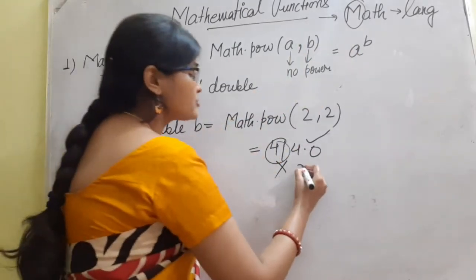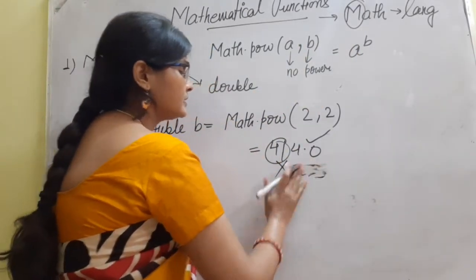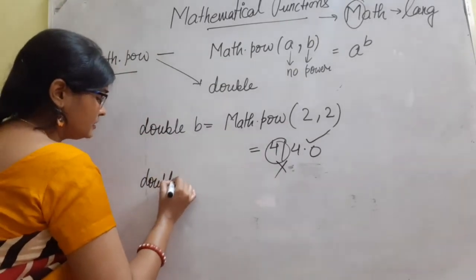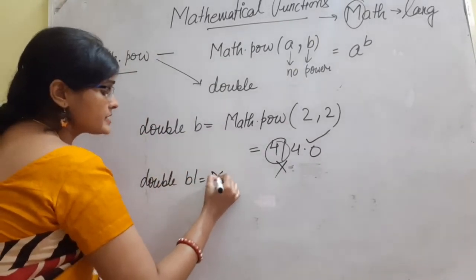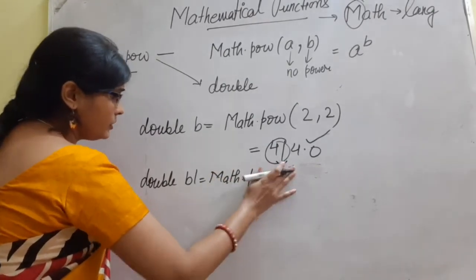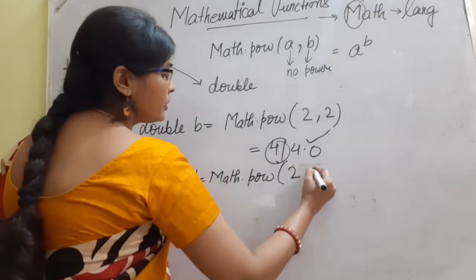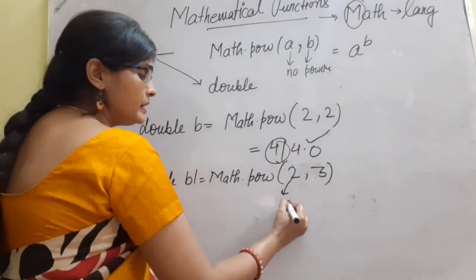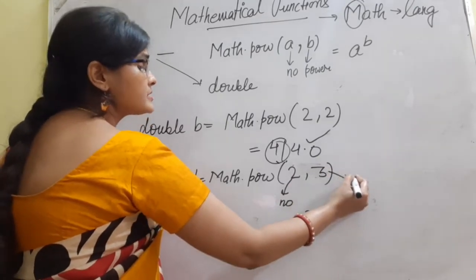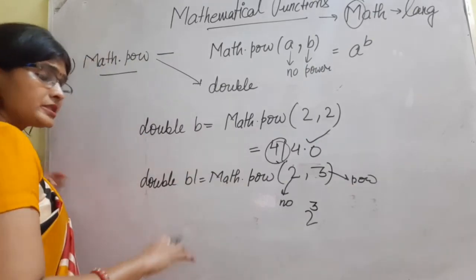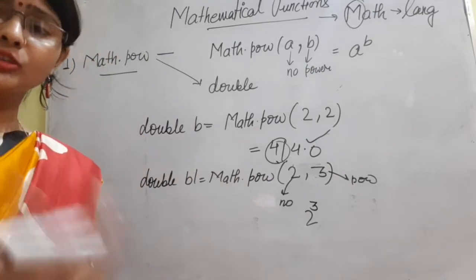If I write 2 comma 3, that means what? double b1 = Math.pow(2, 3). So what I told you is that the first is the number, and the second is the power, so raise it to the power. Now it is 2 to the power 3.